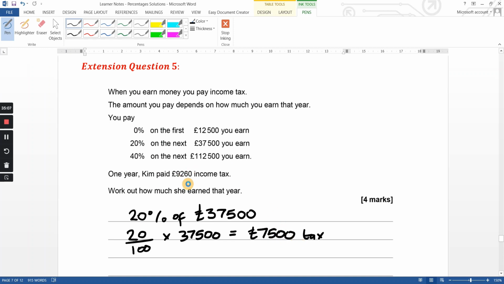So the rest, if we do the 9,260 take away this, that's got to be the next 40% that she got taxed on.